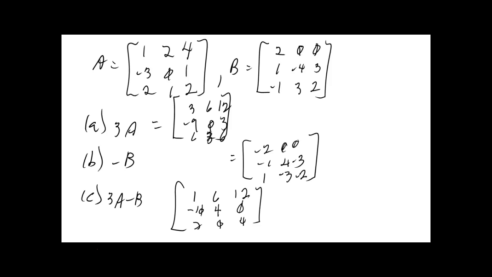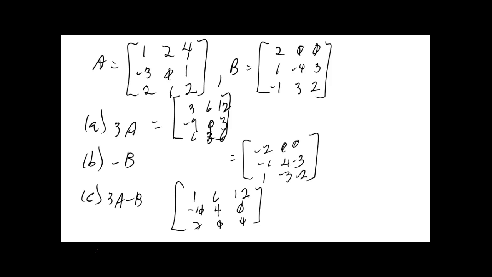I got something wrong here. -9 minus -1 should be -8. No, negative 9 minus 1 is negative 10. But you're subtracting a negative. The matrix is now negative B, so you're just adding.